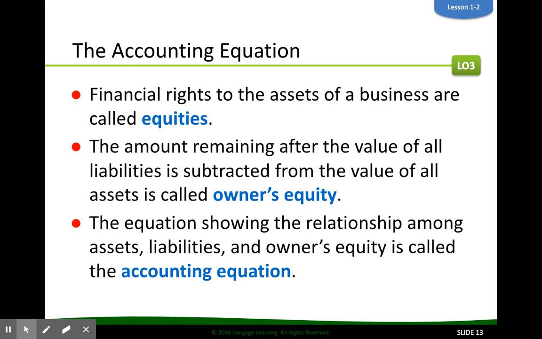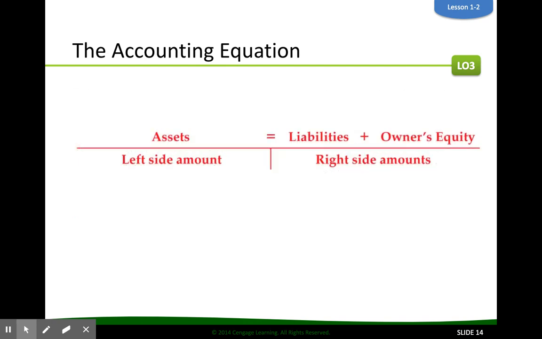The accounting equation shows the relationship between assets, liabilities, and owner's equity. You could write that one of two ways. The first one being owner's equity equals assets minus liabilities, as you see on your note guide. That's exactly how we found the personal net worth in 1-1.